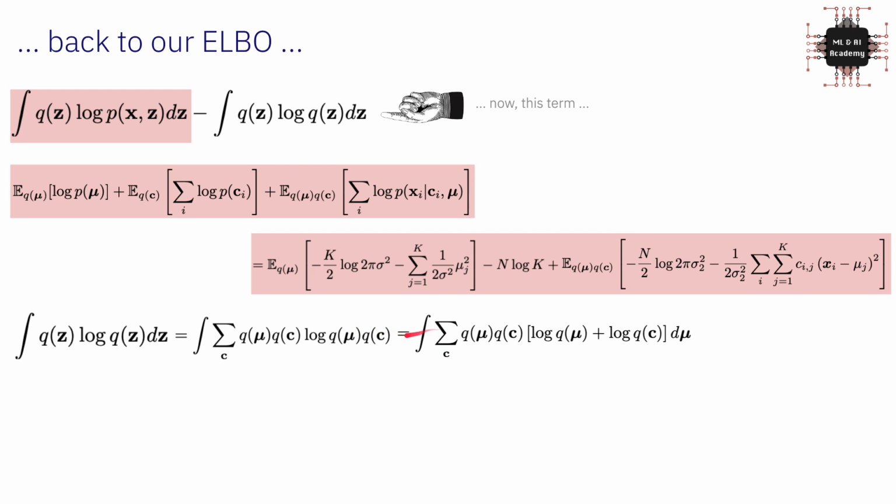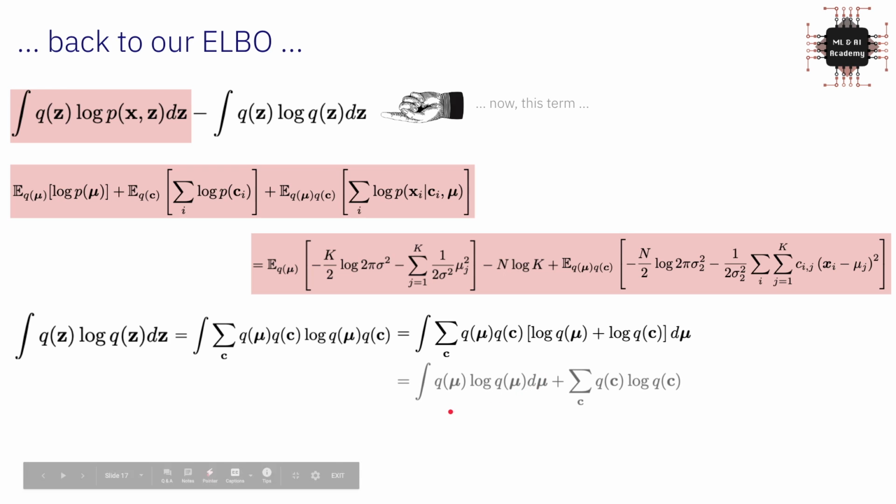And now we again split the log here, which is log of q of mu plus log of q of c. And then in turn, we just split the integral and the summation to their corresponding variables. So you will see that this is the integral of q of mu log q of mu, and then this one is the summation of q of c log q of c. Right? So how did this happen? Again, it's really simple.